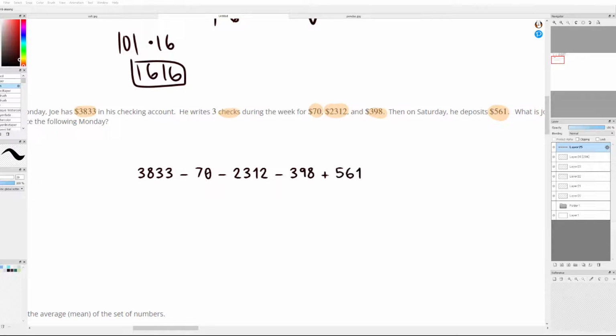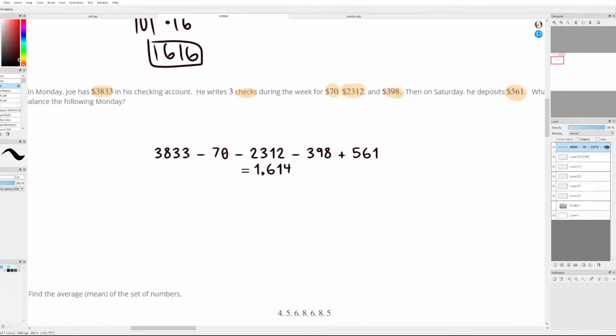When we add this all together, let me type this into my calculator really quickly. 3,833 minus 70 minus 2,312 minus 398 plus 561. That will give us 1,614. So he ends up with $1,614 in his bank account the following Monday.